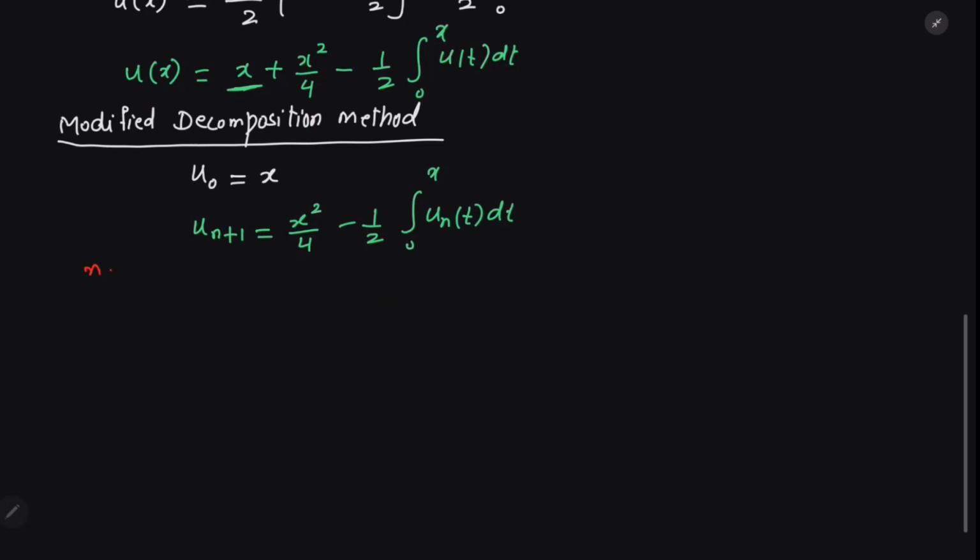So when we have n equal to 0, then we have u1 equal to x squared by 4 minus 1 by 2, integral 0 to x, u0 of t dt.